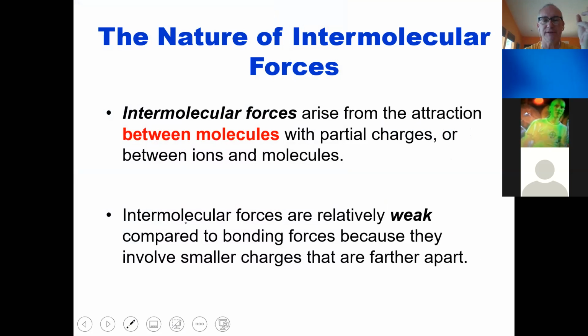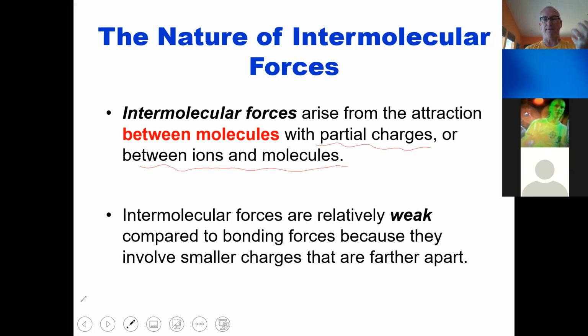So intermolecular forces, again, attract molecules together. They either have partial charges, are polar, or they're ionic. So we would expect ions to have really strong interactions, and they do.